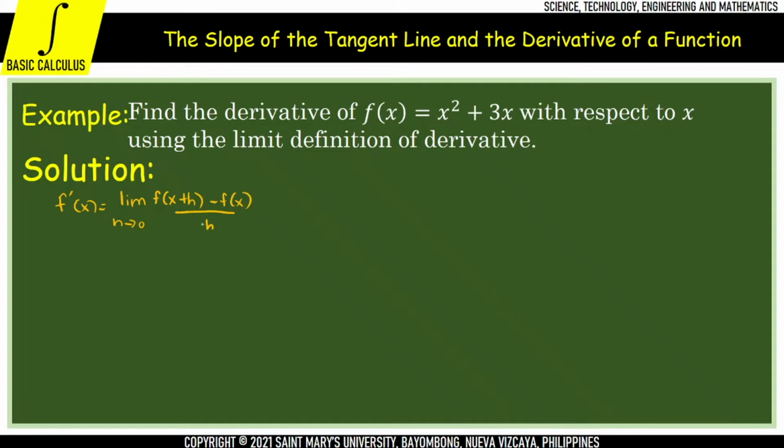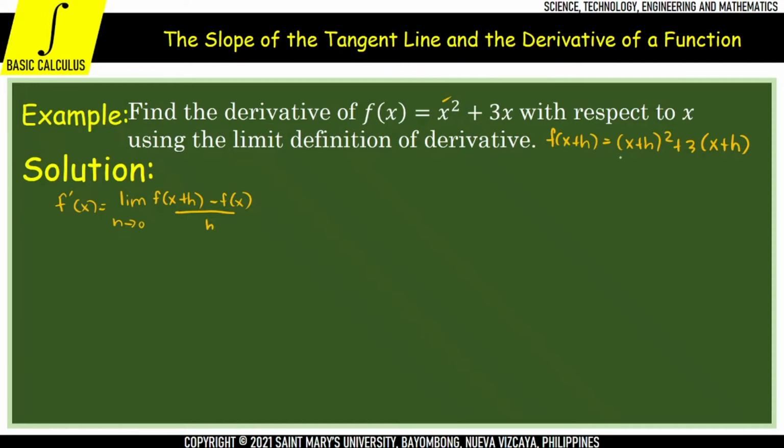But before we proceed with substitution, we first identify f of x plus h. Again, all we have to do is to change all x values to x plus h. So we have x plus h squared plus 3 multiplied by x plus h. So again, pinalitan lang natin lahat ng x with x plus h.